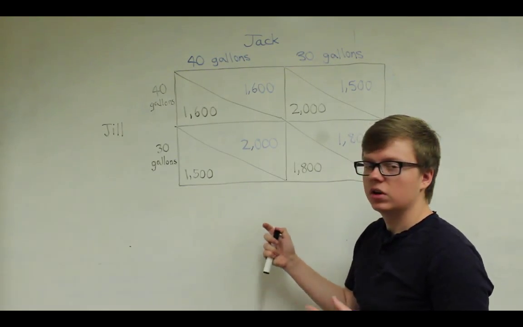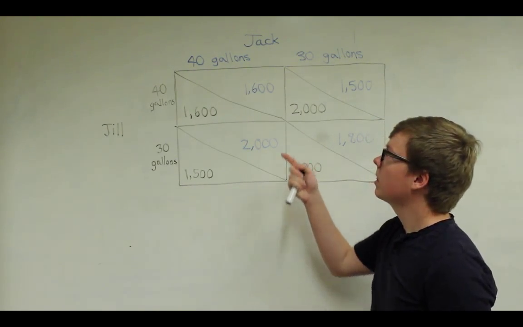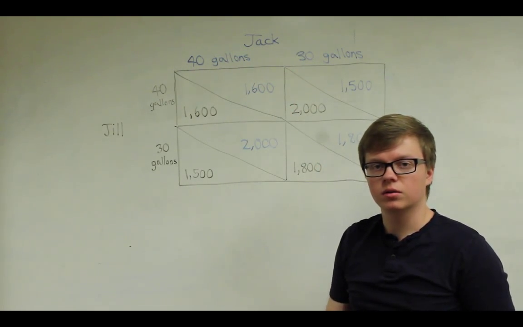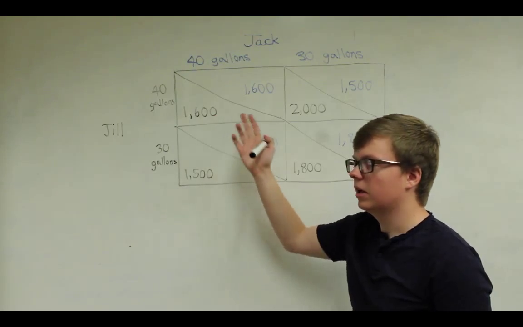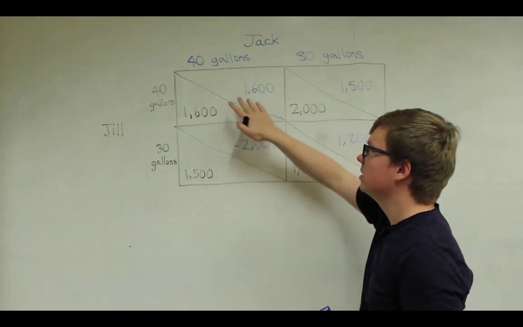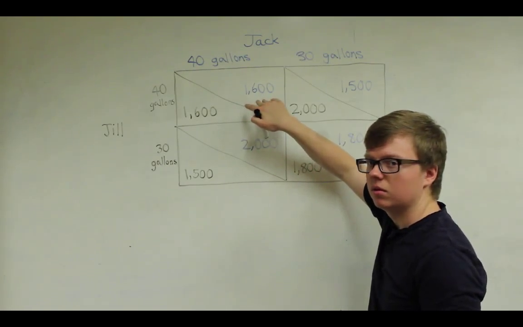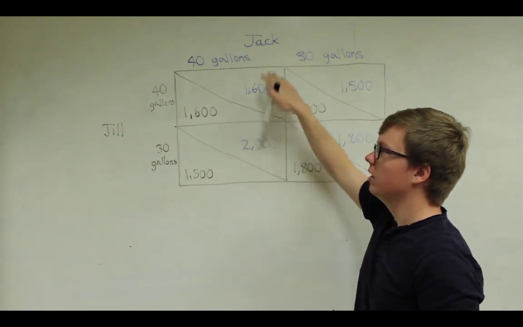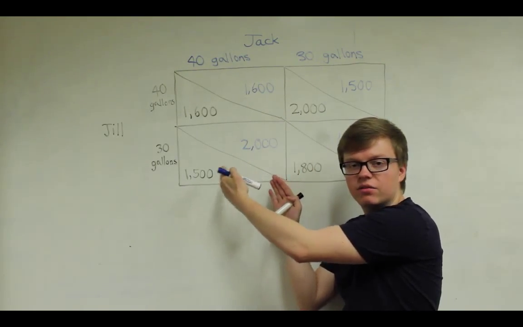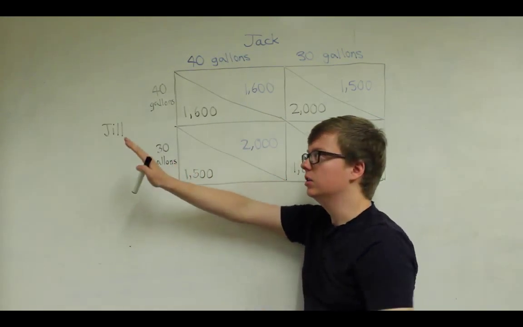So, for example, I have it color-coded, so any of the numbers in blue are Jack's profits, any of the numbers in black are Jill's. The other way you would read this is just because these ones are on top, they correspond with Jack, and these ones are on the left of this diagonal line, they correspond with Jill.